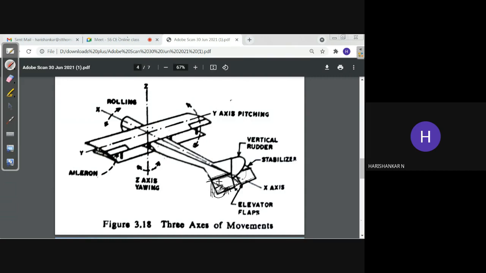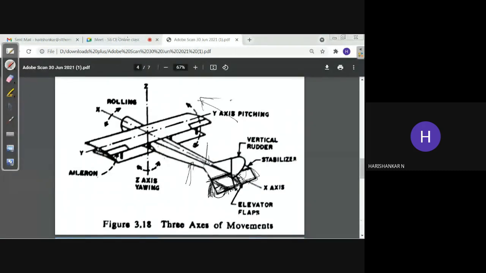Then it can move upward and downward. Once it is on air, you have to make it horizontal. Then only it can fly properly. Otherwise, it will provide hindrance to the flow. So at the time of flight, you make it horizontal. That is the significance.